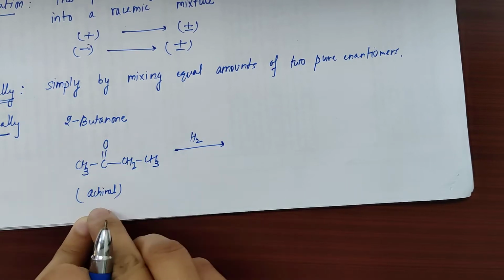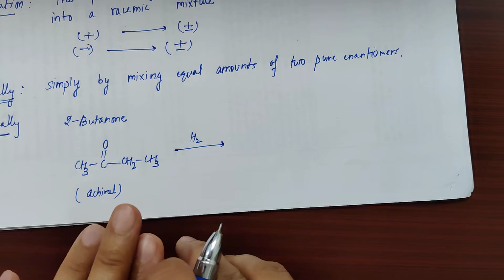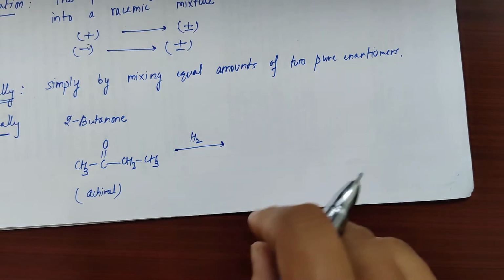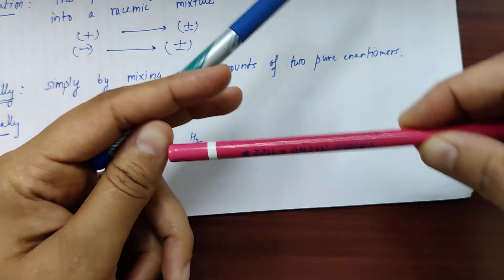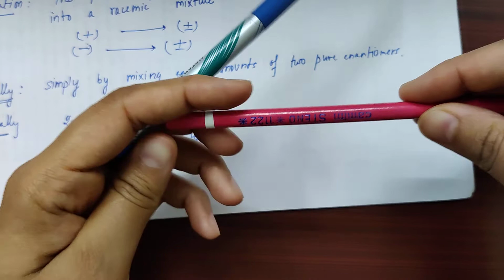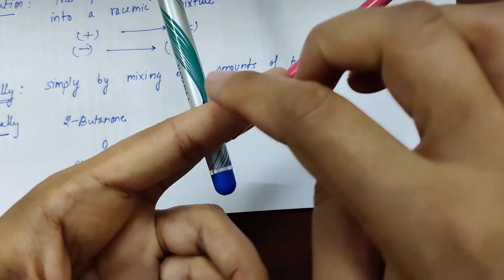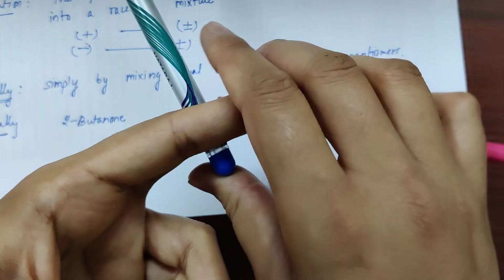Since it's a planar compound, what will be the geometry? The geometry is sp2, sp2 hybridized, that means you have 3 different bonds. Let's say this pen represents the carbon-oxygen double bond.